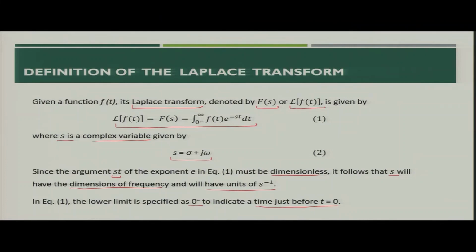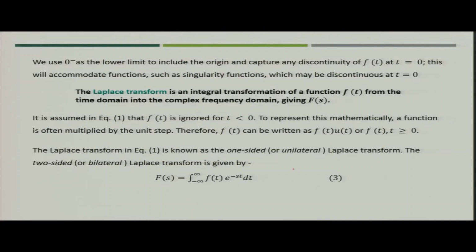That means the singularity functions like step or impulse are incorporated in this particular definition. So, this will accommodate functions such as singularity functions which may be discontinuous at time t equal to 0.